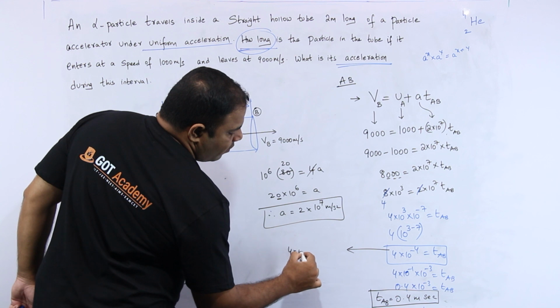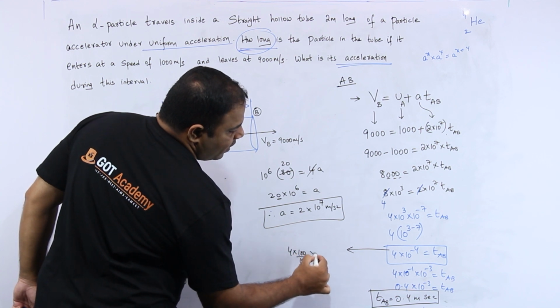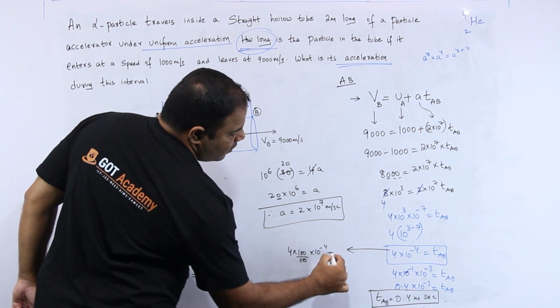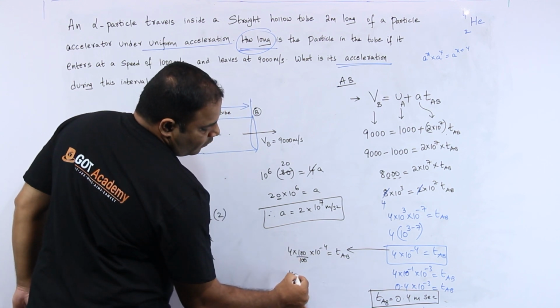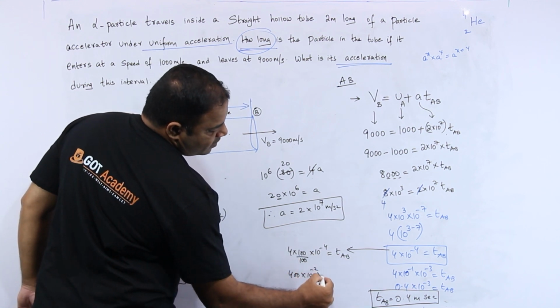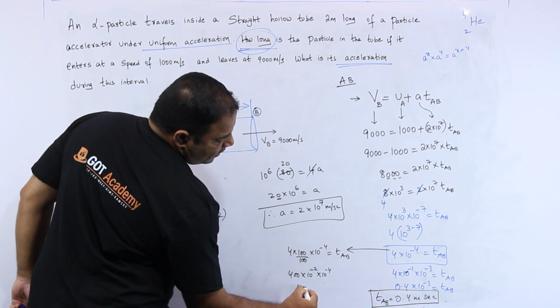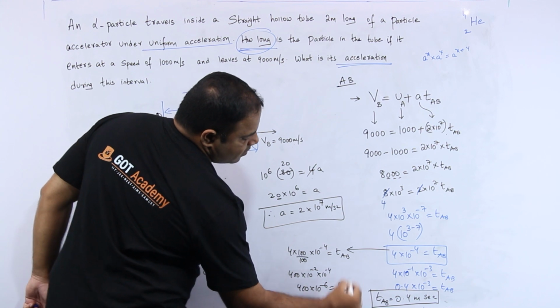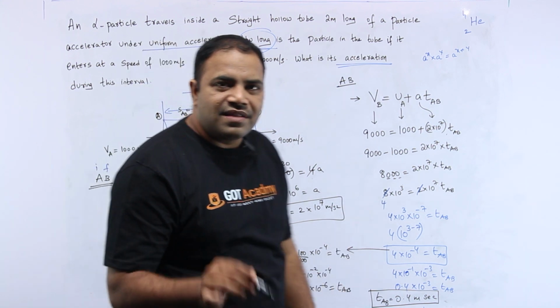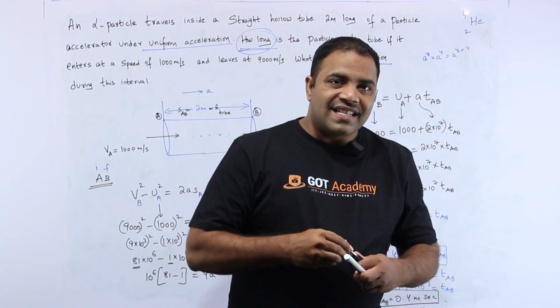Multiply and divide by 100, what will you get? Multiply and divide by 100 into 10 to the power of minus 4. This is t_AB. So here 10 power 2, 2 zeros are there. So 400 into 10 power minus 2 into minus 4. So you will get it as 400 into 10 power minus 6. What is this minus 6? Just now I told you 10 power minus 3 is millisecond and 10 power minus 6 is microsecond.